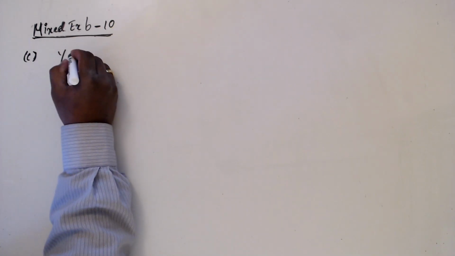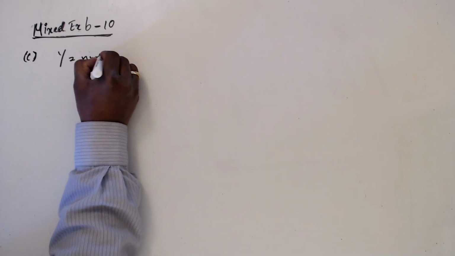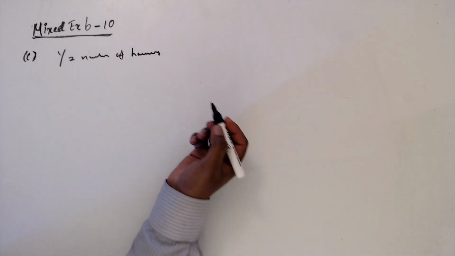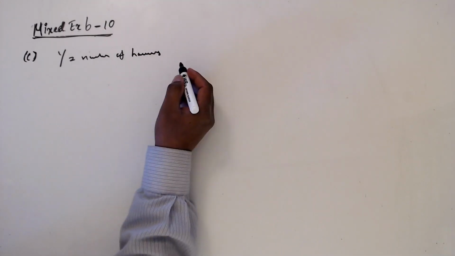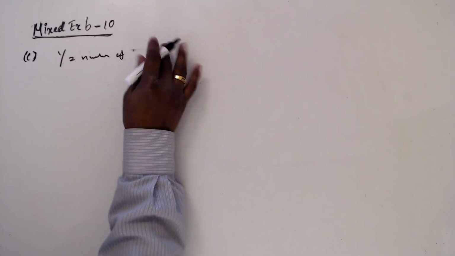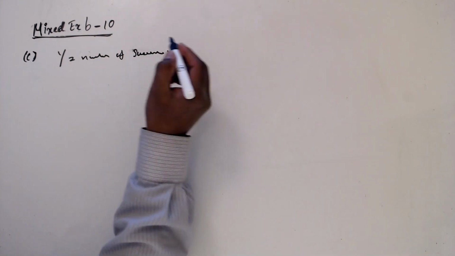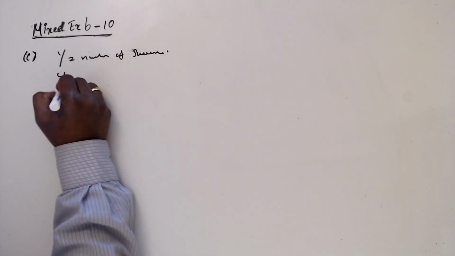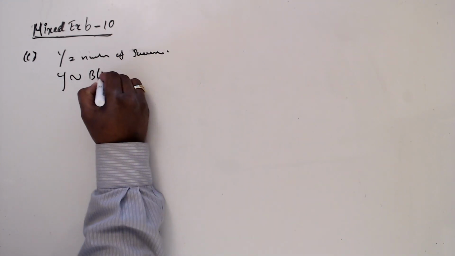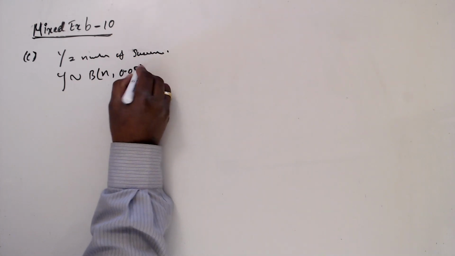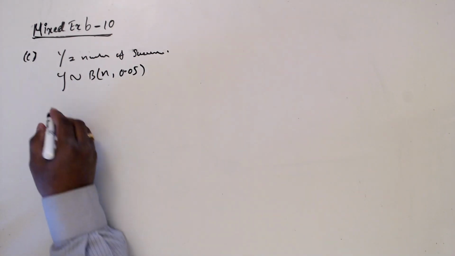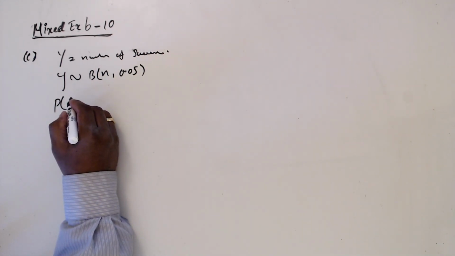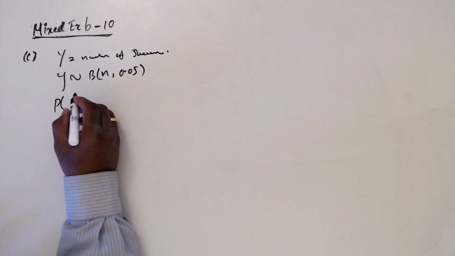So we'll define variable y is number of success, and y follows binomial. Now we don't know n, but still the probability is 0.05.